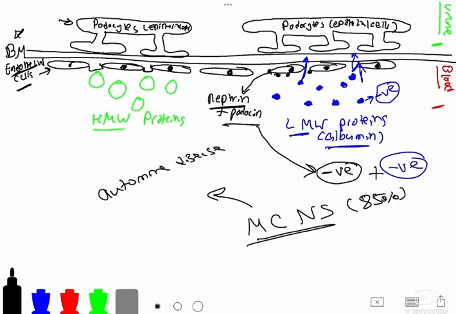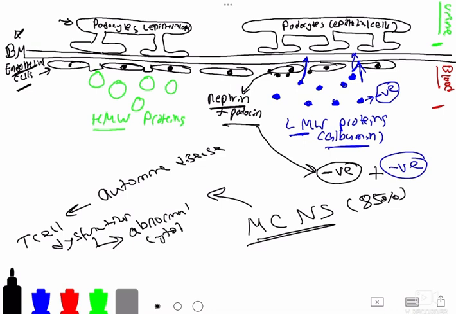And this autoimmune disease causes T cell dysfunction, which then causes abnormal cytokine release. And these abnormal cytokines actually damage nephrin and podocin. And if you remember, nephrin and podocin are the ones that cause the endothelial cells to have a negative charge.